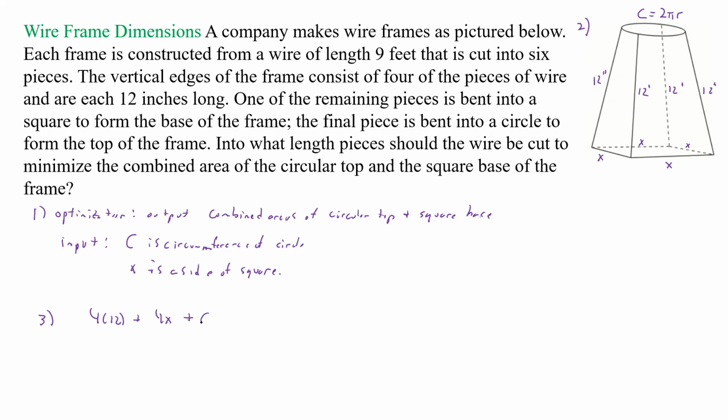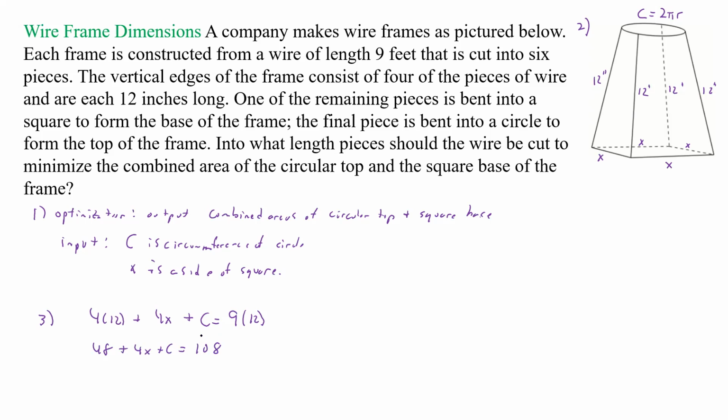So we'll just say plus C, and that's going to be equal to, and it says 9 feet cut into 6 pieces. So the total is 9 feet, but if we have everything else in inches, we should probably convert the feet to inches. So we'll say 9 feet times 12 inches per foot, and that'll convert this to inches. So everything now is going to be in inches. Okay, so if we simplify, that's going to be 48 plus 4x plus C equals 9 times 12, that's going to be 108.